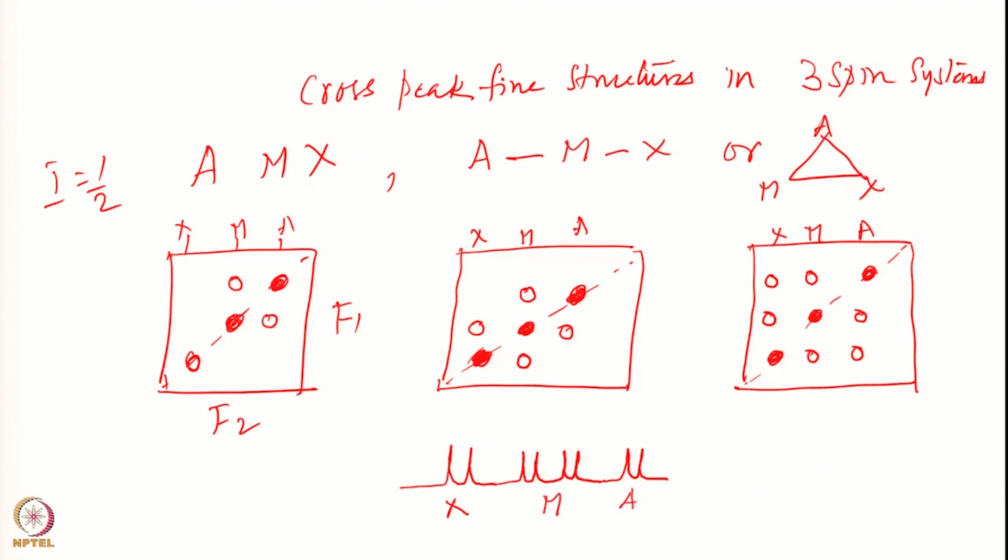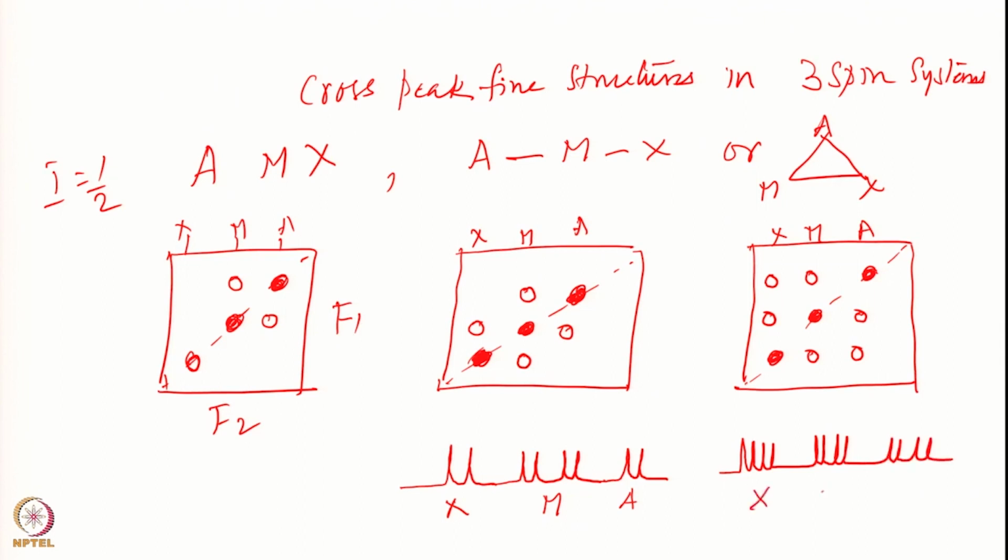So how will this be here? Now each of them here has 2 couplings, each spin has 2 couplings, right. So therefore each one of them will be a doublet of a doublet. Okay.